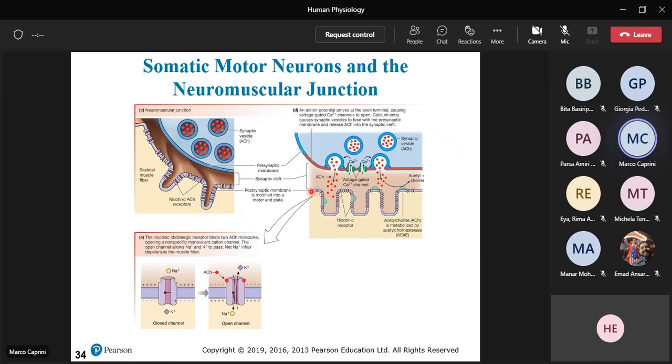If you remember, the role of the T-tubules is to allow the action potential to move from the extracellular part of the muscle to the internal, deep part of the muscle. So the action potential moves down the T-tubules and causes calcium release from the sarcoplasmic reticulum.